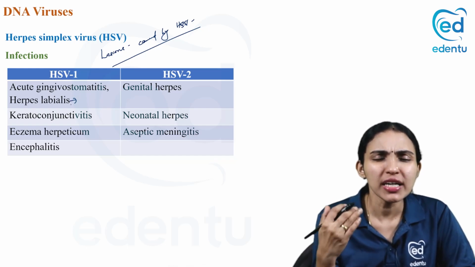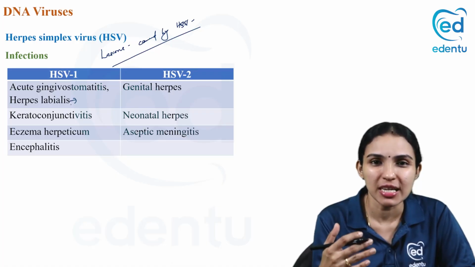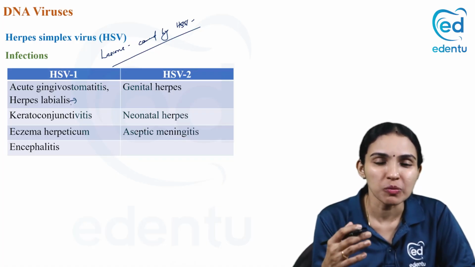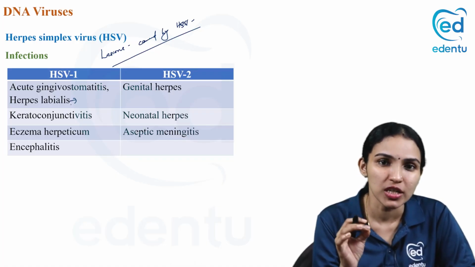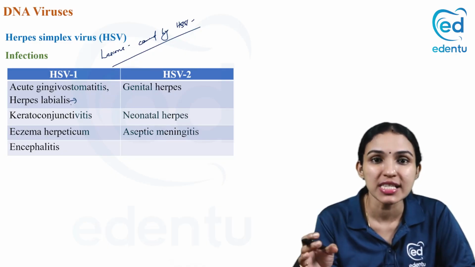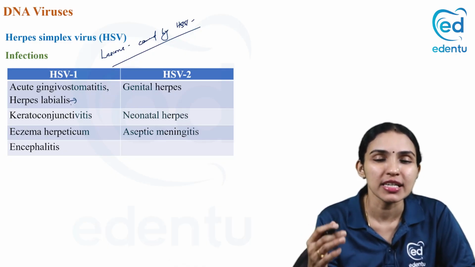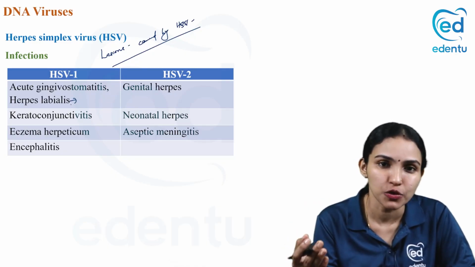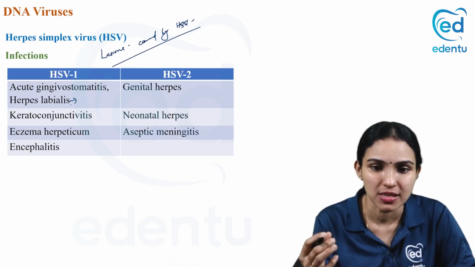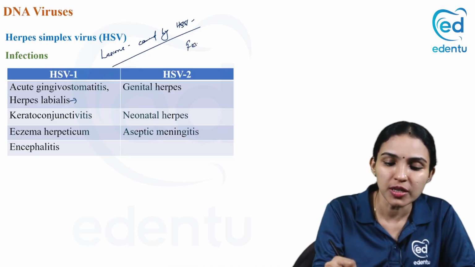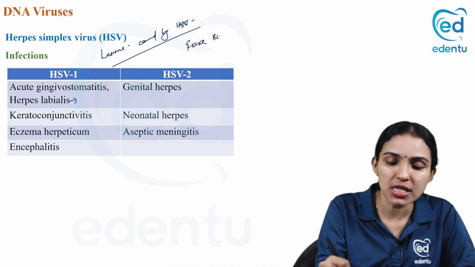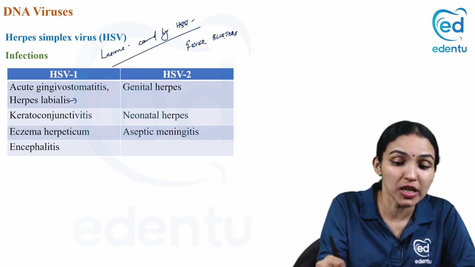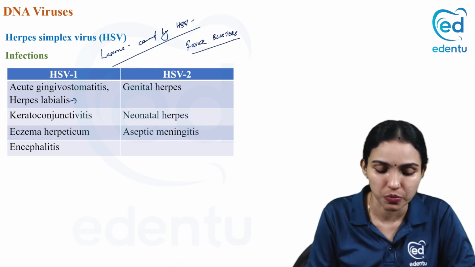So you will get recurrent herpes labialis lesions in most people who have had a history of herpes once in their lifetime. They get the recurrent lesions whenever they have any other kind of fever. You call that fever blisters. This is because of the latency and reactivation of herpes virus.